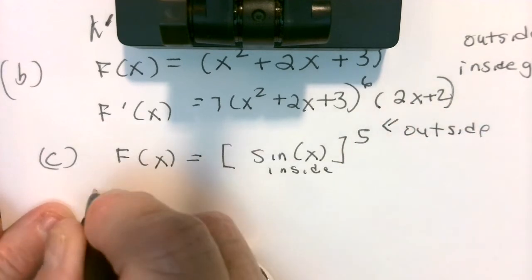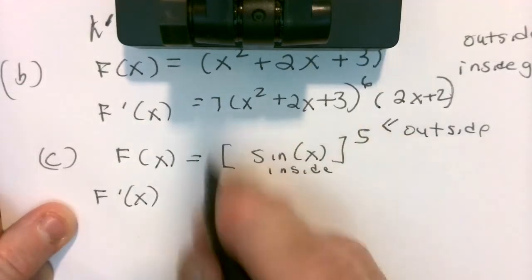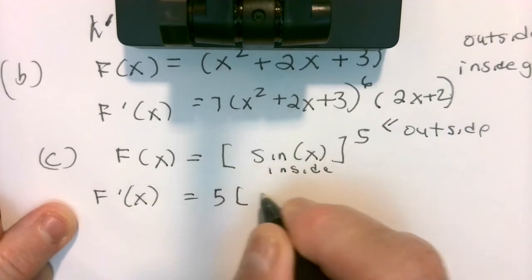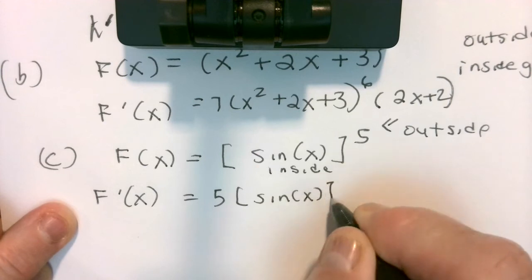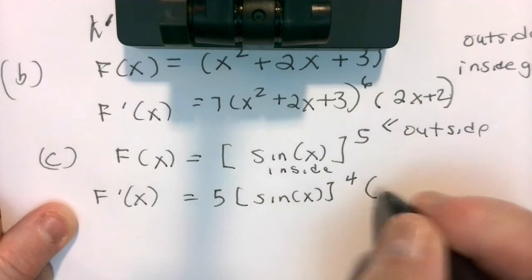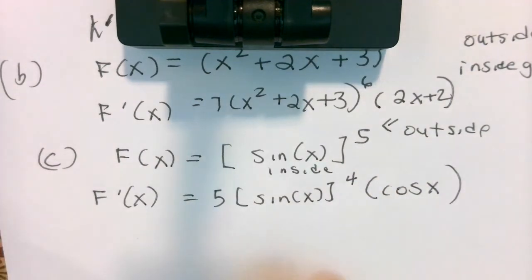So when we go to do the derivative, we're going to do the derivative of the outside. So we're going to bring down the 5, leave the inside inside, subtract 1 from the exponent, and then multiply times the derivative of sine x, which is cosine x. And so that's the answer.